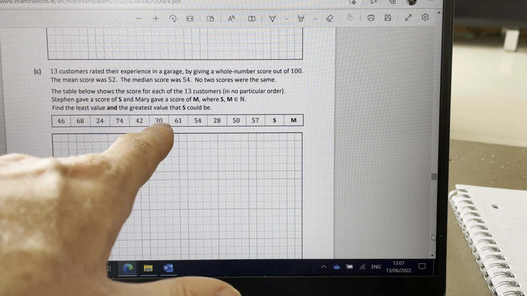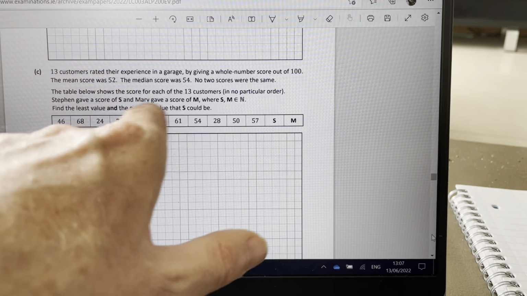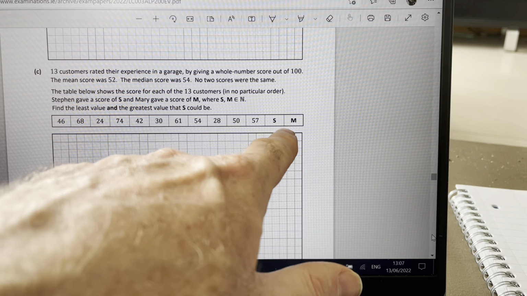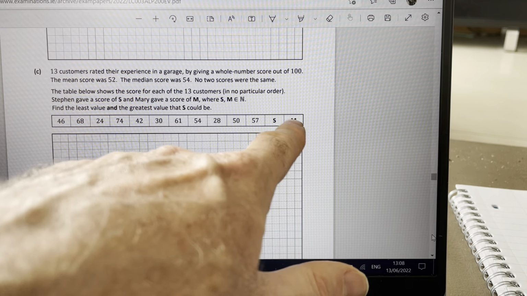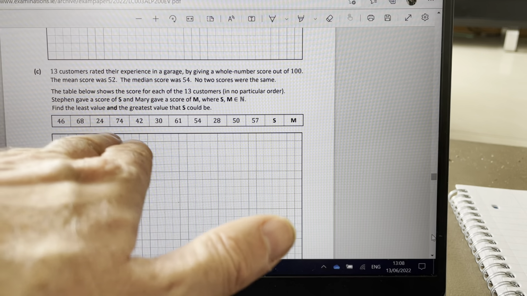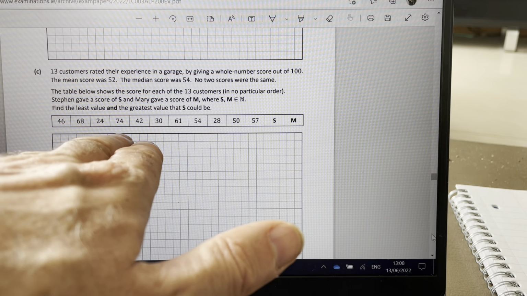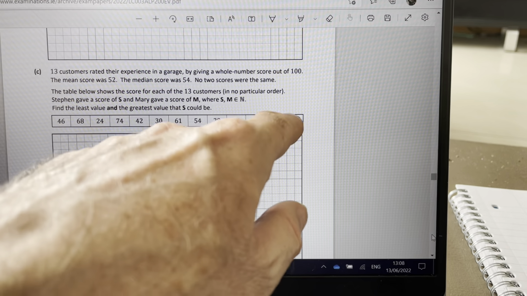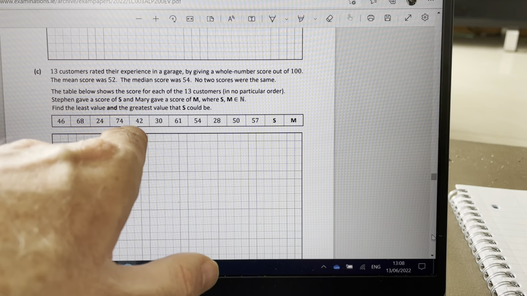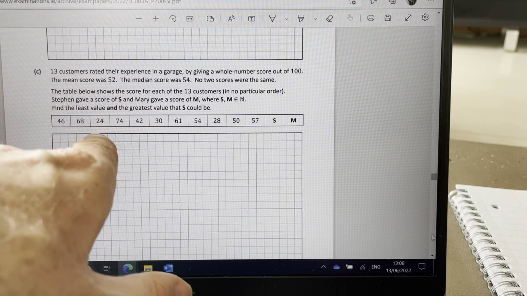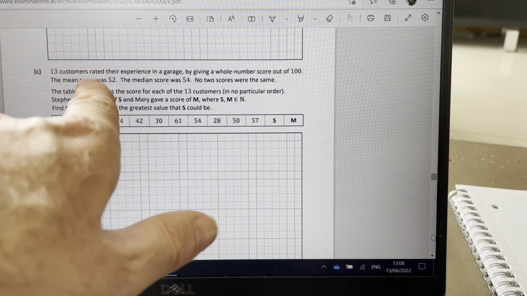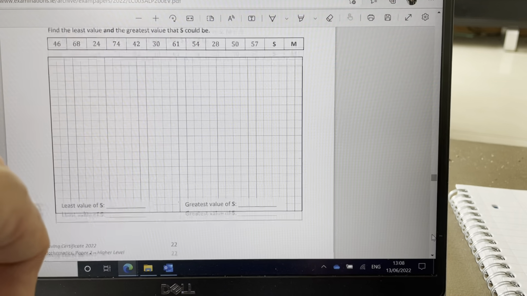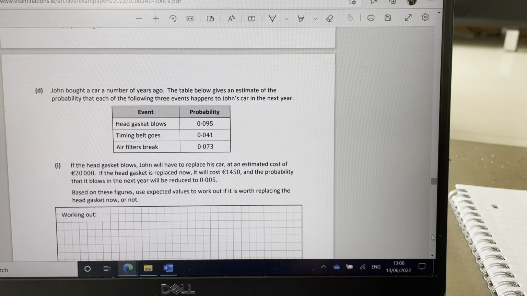And you also have a value for the mean. So add them all up and divide by 13, and you get that S plus M is equal to the total of all this multiplied by 13. So you get an equation for S plus M. Your two possibilities are S down at the lower end and M up at the other end, and vice versa. Given the relationship between S and M, you can find your least and greatest values.